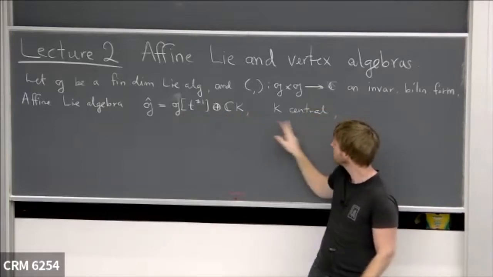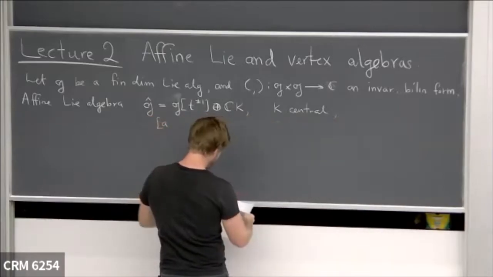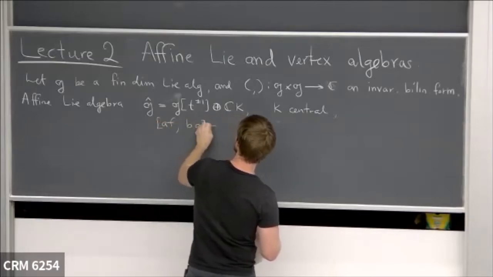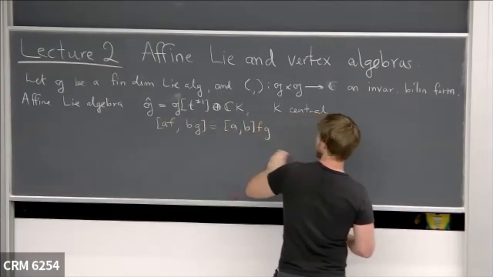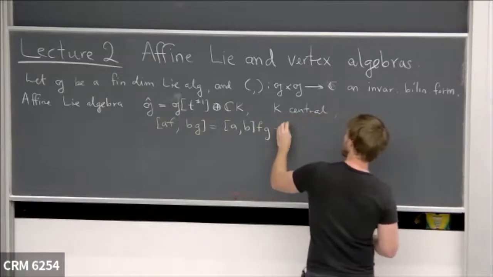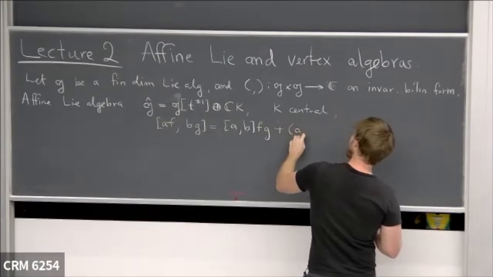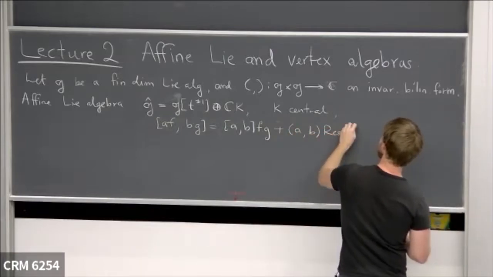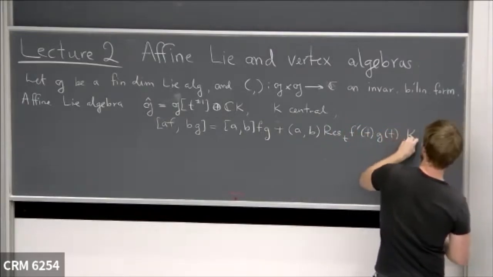There's one central element K, and the bracket of the other elements looks like this: A times a function and B times another function is given by AB, the product of the functions, plus the central term, which is given by a residue, and the bilinear form also appears here: G and T, derivative of T, G of T times K.